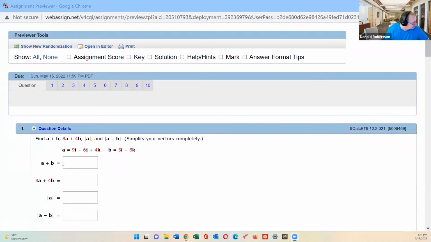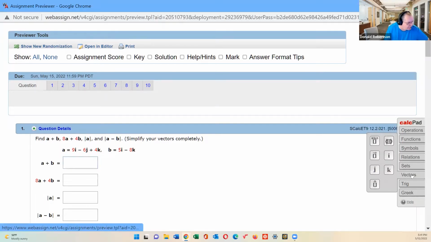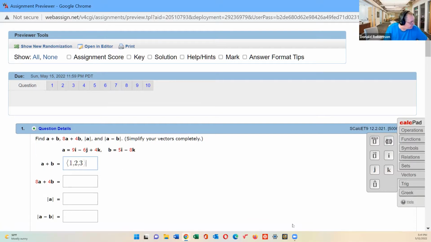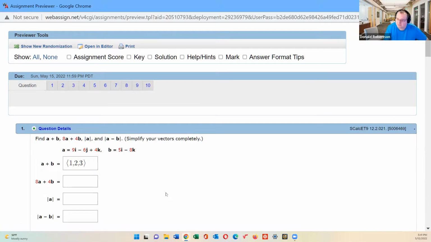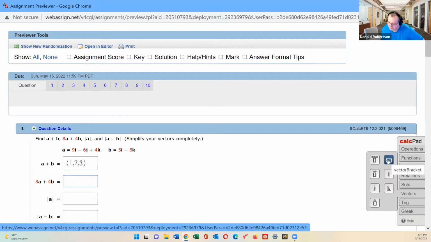So there, I'm going to click on this guy and I'm going to go to vectors. And you see my funny little bracket guy? So I know this isn't the answer, but do you see how you type in 1, 2, 3? Do you notice that you use that top right-hand corner guy, right?